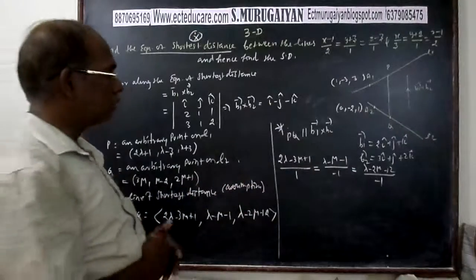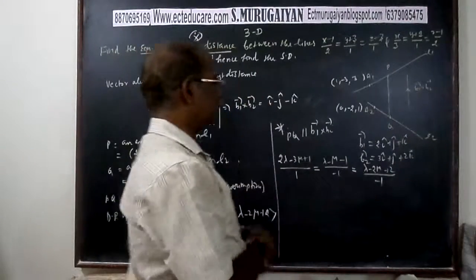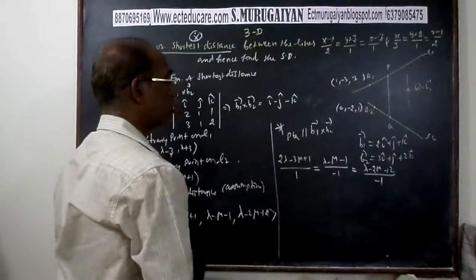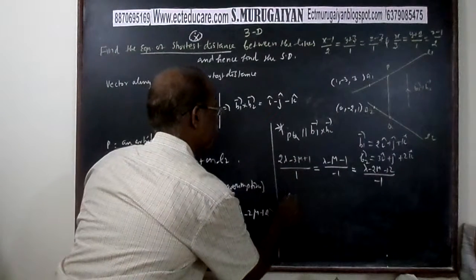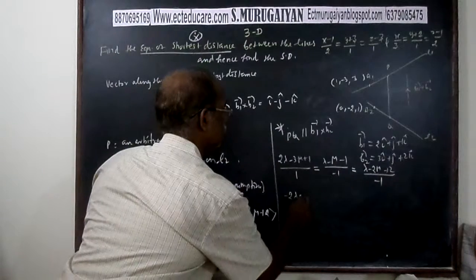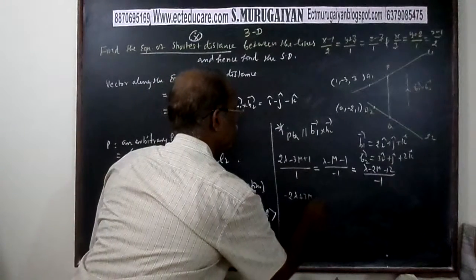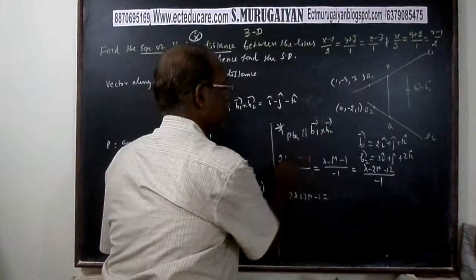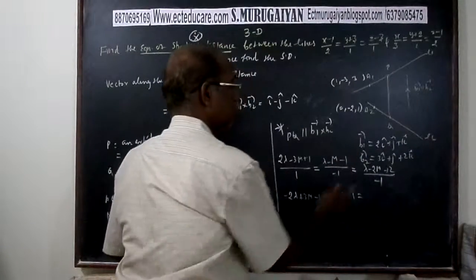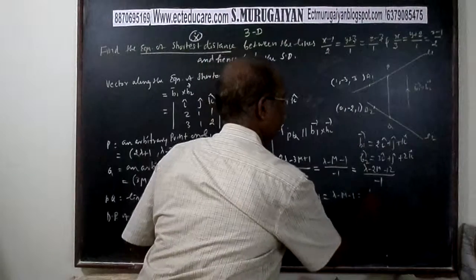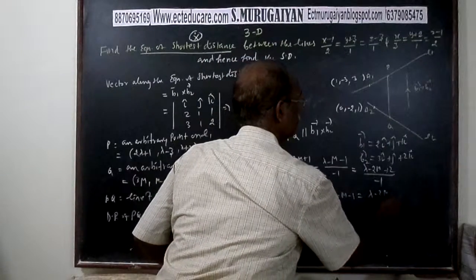We can multiply all three ratios by negative 1. Then the first is negative 1 minus 2 lambda plus 3 mu minus 1, multiplied by negative 1. The second is lambda minus mu minus 1. The third ratio is negative 1, lambda minus 2 mu plus 2.